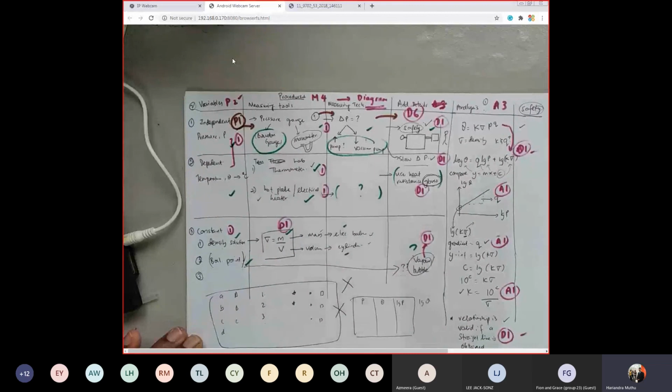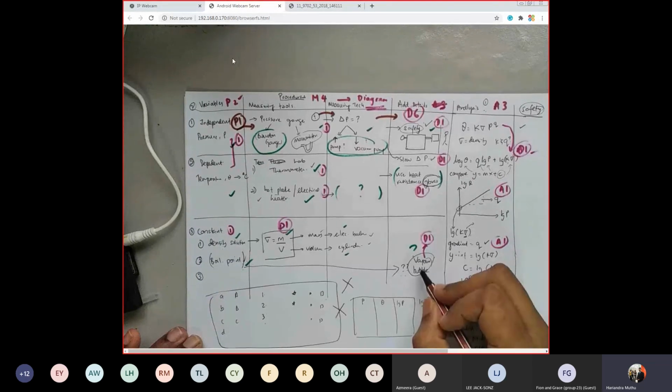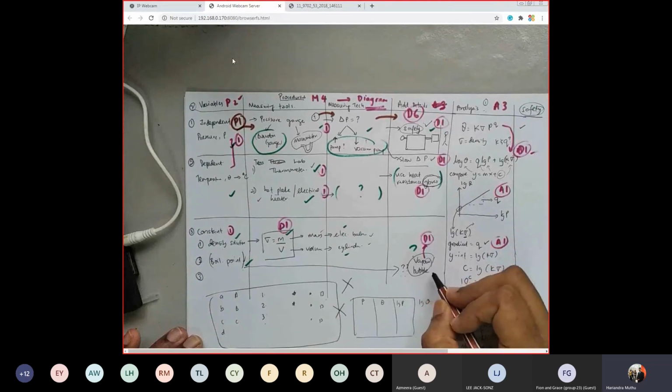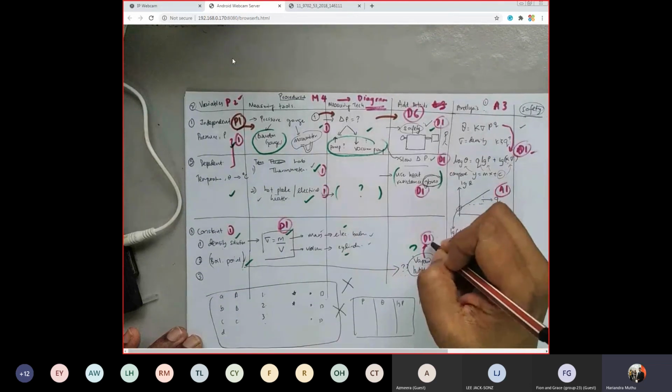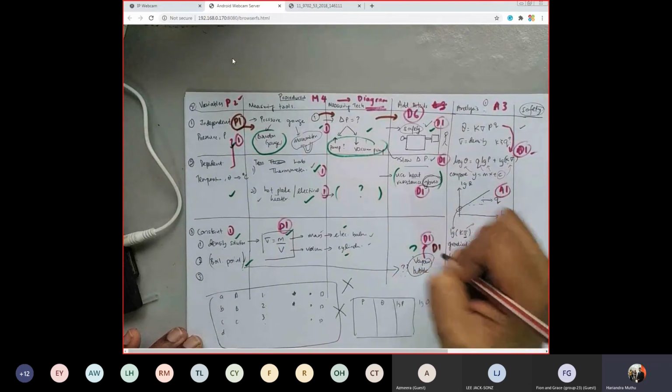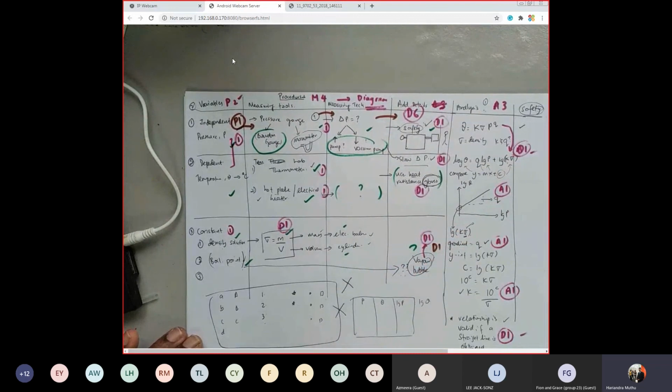We have to observe that once the salt solution starts to boil, the observation is you can start to see bubbles formed. So the examiner will write D1 like that. This is how the examiner will label your answer.